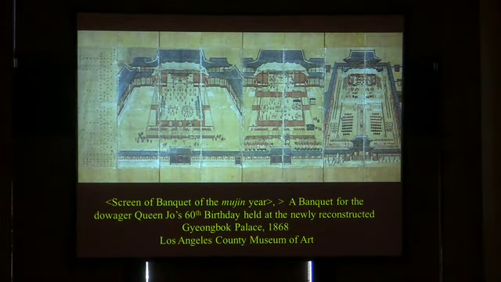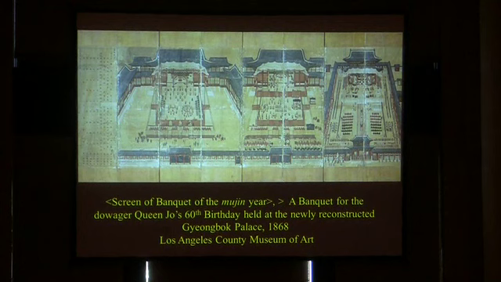So this one is the banquet for Dowager King Jo's 60th birthday, held at the newly constructed Gyeongbok Palace. Gyeongbok Palace was the main palace of the Joseon Dynasty, but it was nearly completely destroyed during the Japanese invasion period.